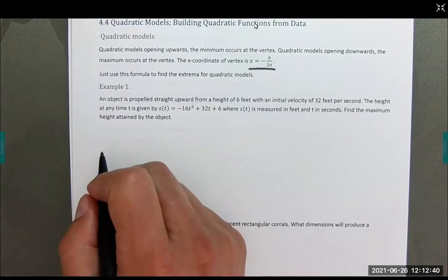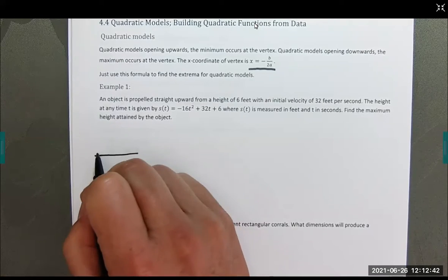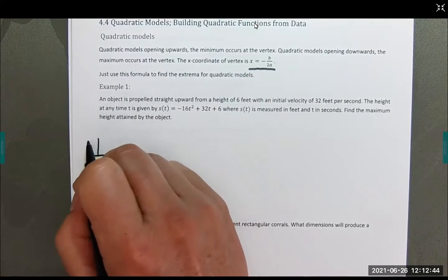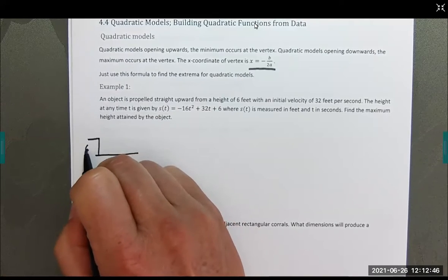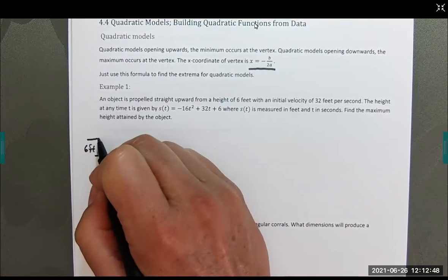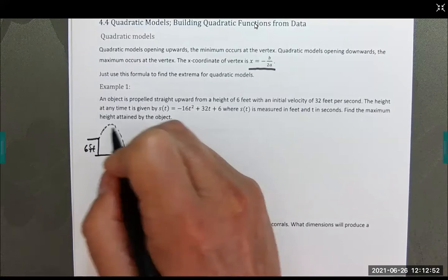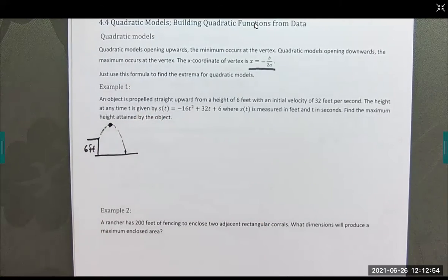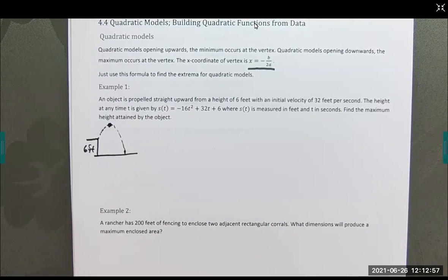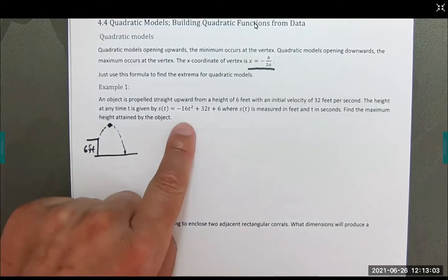So if we're on the ground here and there's a platform at 6 feet, then the object is thrown like this, and here is our vertex, and that'll be the maximum height attained by the object. So in this case, x is t, right?